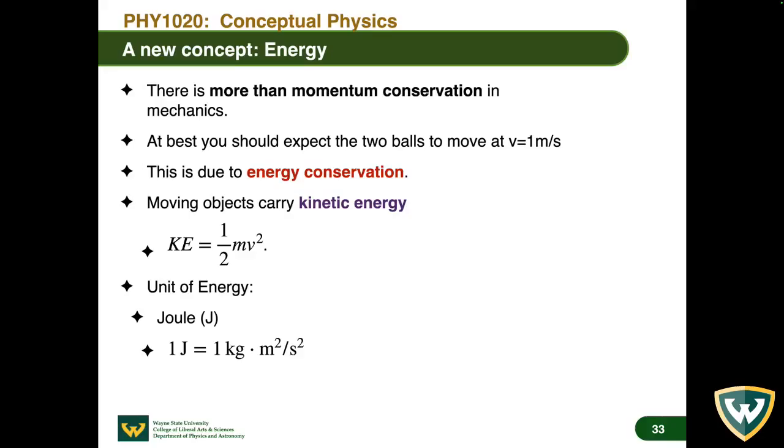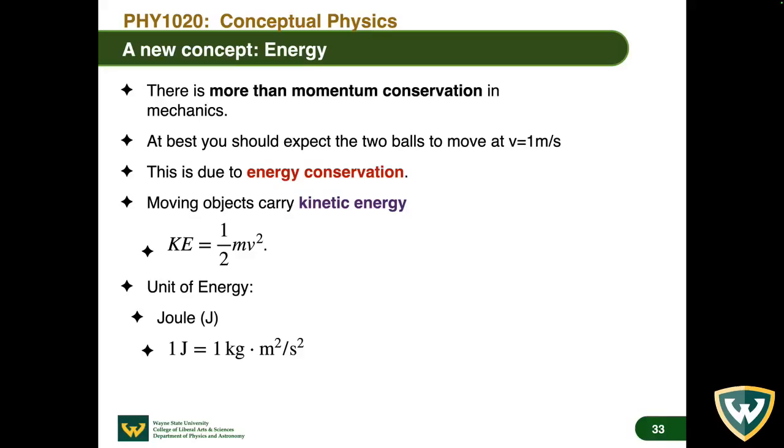So kinetic energy is a quantity that here in this lecture and elsewhere in this course we will denote by the letters KE, standing for kinetic energy. In some textbooks, you might find that it's just described as K or T or some other letters.